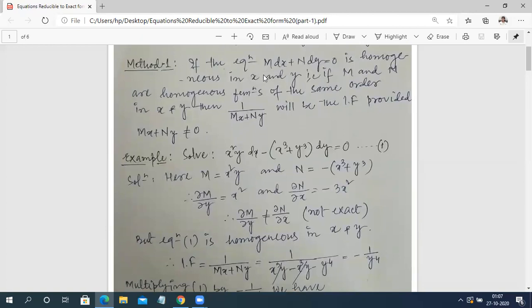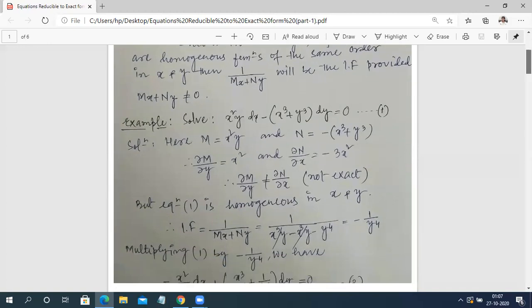The first rule says that if the given equation is homogeneous, then 1 upon Mx plus Ny will be the integrating factor. So check, this is homogeneous. M and N both are of the same degree. This degree is 3. So this is homogeneous.